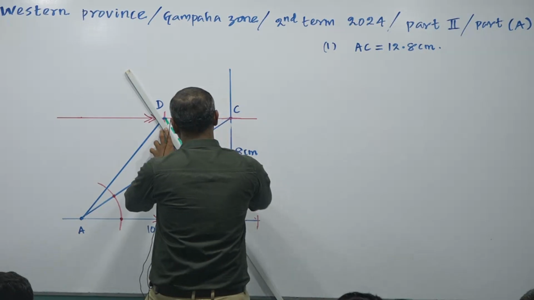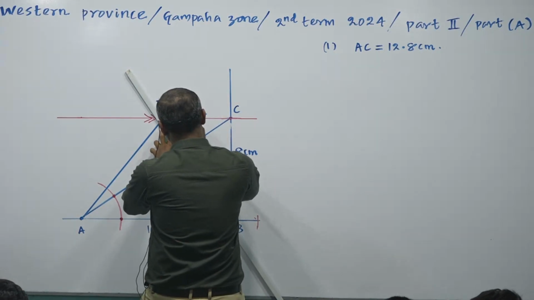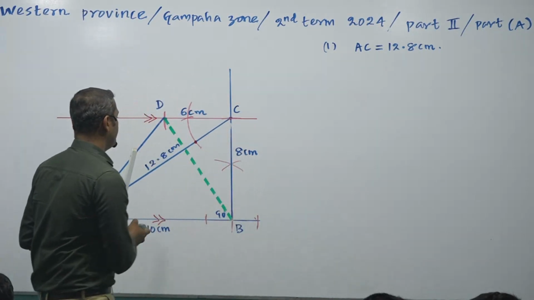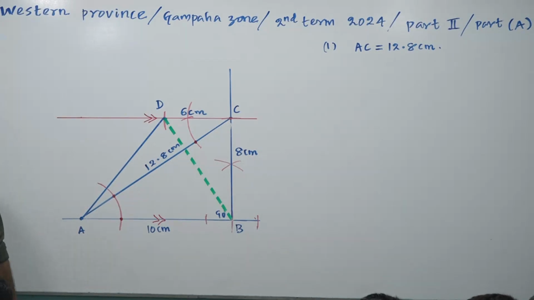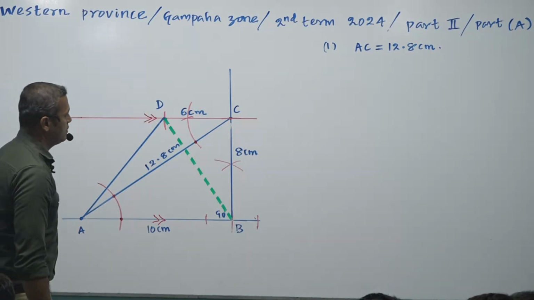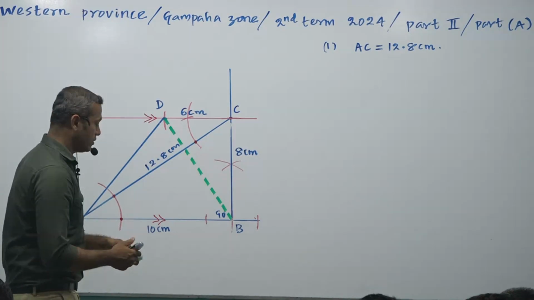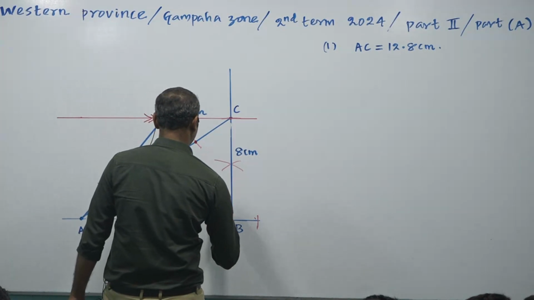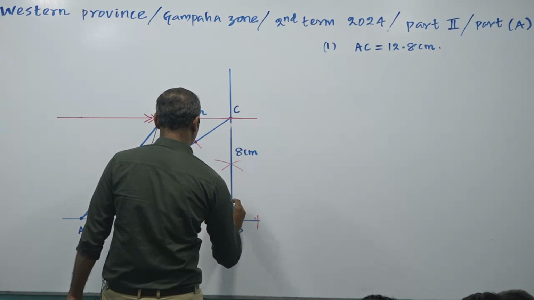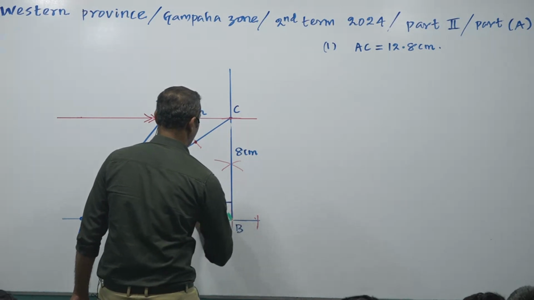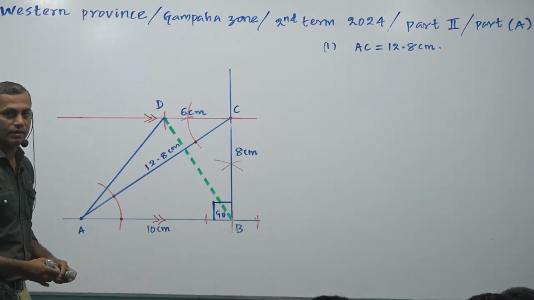Check your answer. Once you join this, you will get BD. According to our construction, you know this is 90 degree.